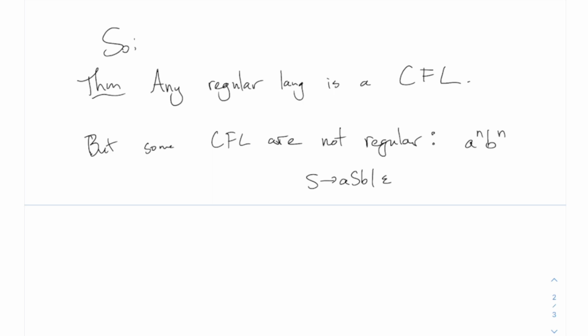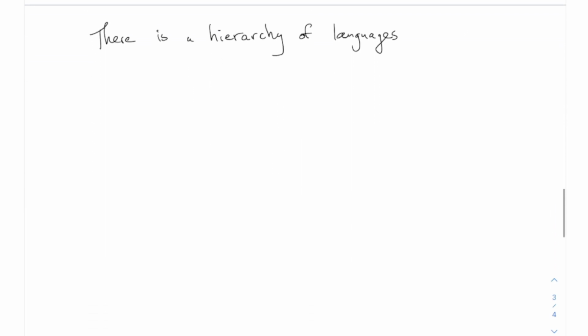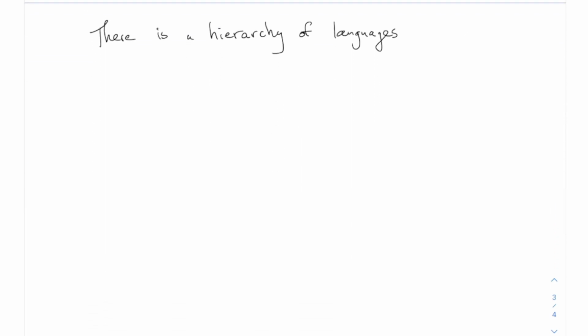So actually there is what they call a hierarchy of languages. From very simple ones, then increasing complexity of languages that we're going to be talking about often for the rest of the semester.